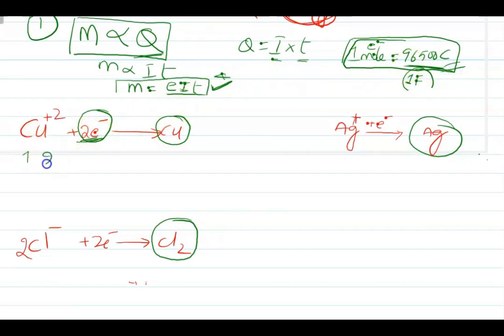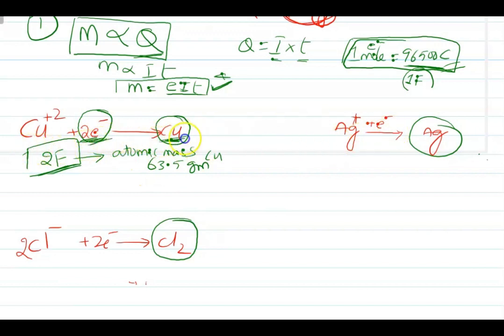So 2 electrons means 2 Faradays of charge is required to deposit copper. The atomic mass of copper is 63.5 grams. If you want to deposit that, you need 2 Faradays of electricity, or 2 into 96,500 coulombs of charge. Very, very important.